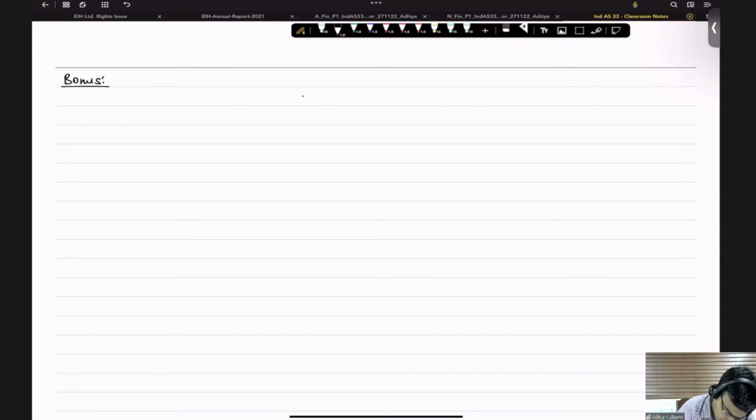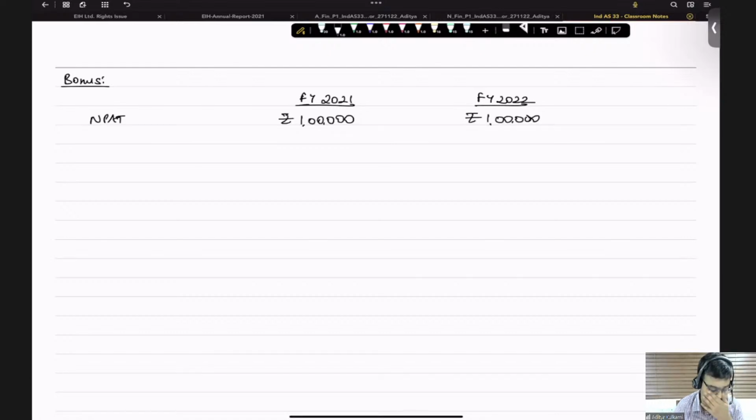Okay. So suppose financial year 2021, financial year 2022. Net profit after tax 1 lakh. Net profit after tax 1 lakh.